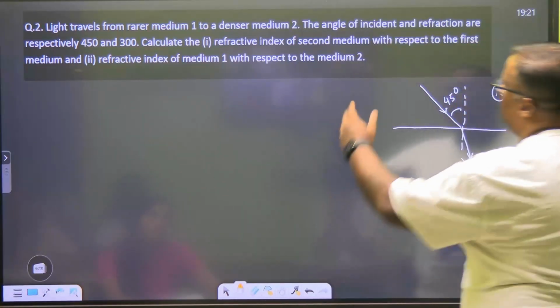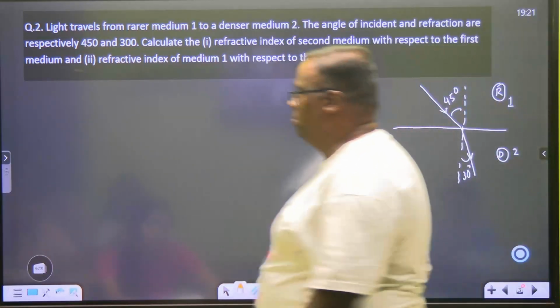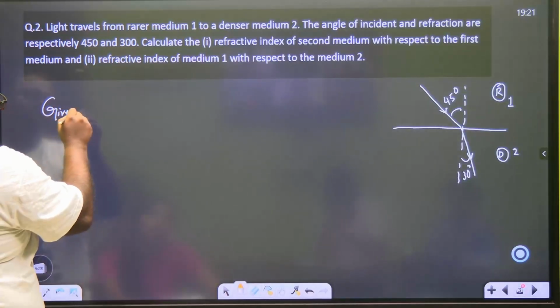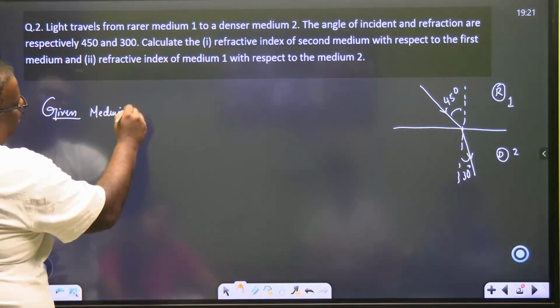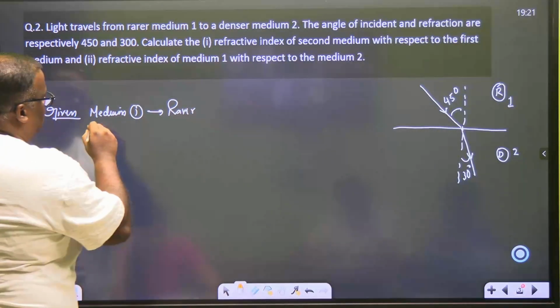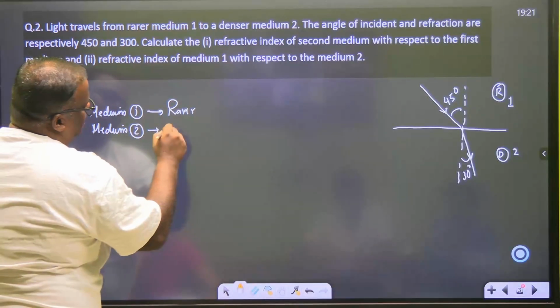Calculate refractive index of the second medium with respect to the first medium. Now, in this problem, I would write given: medium 1, which is rarer, and medium 2, which is denser.